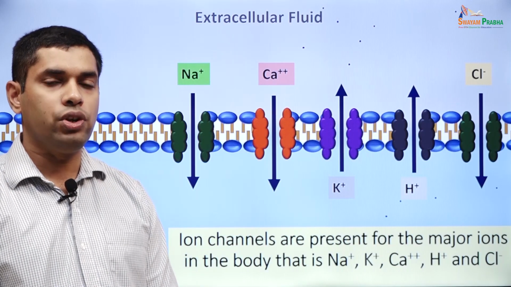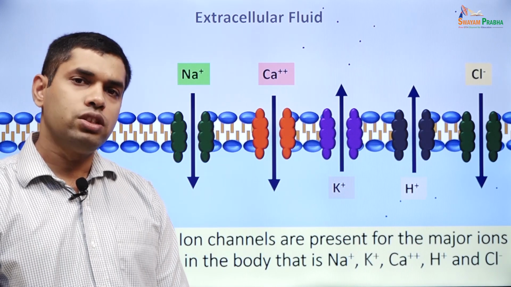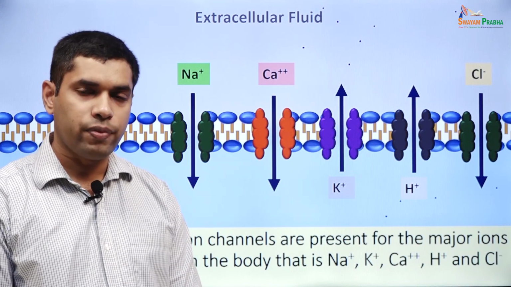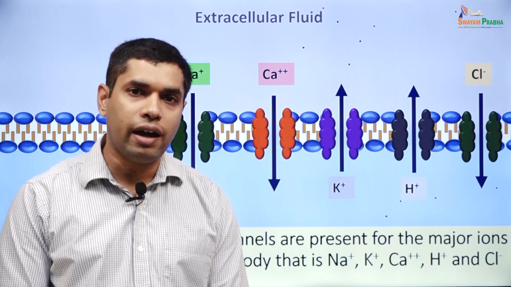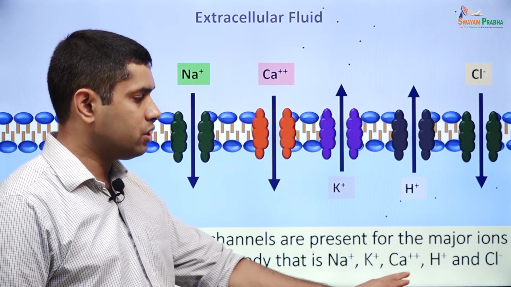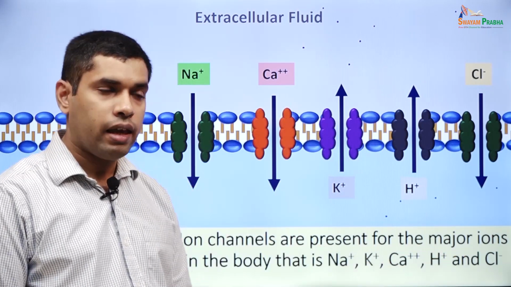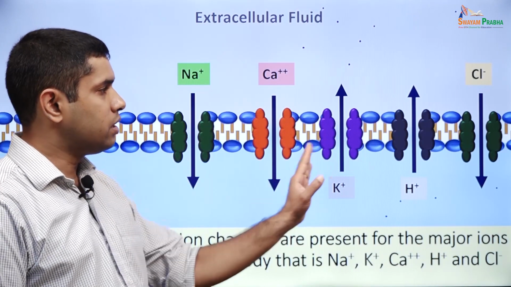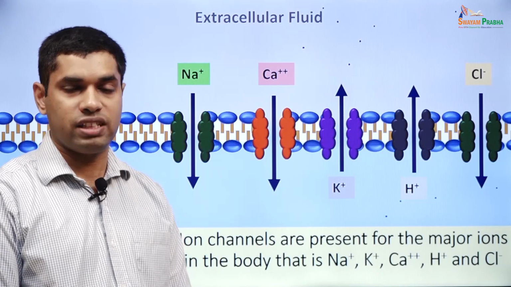Ion channels in the body are present for all major ions. So if you look at the major ions that we see in the body, we have sodium, potassium, calcium, protons, and chloride, and each of them has a specific ion channel for itself.